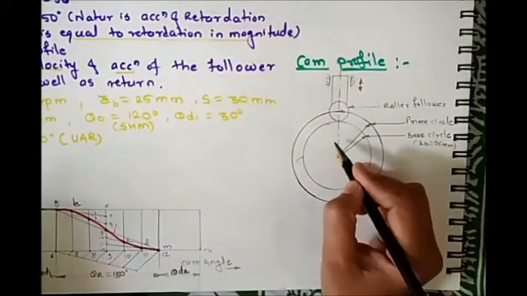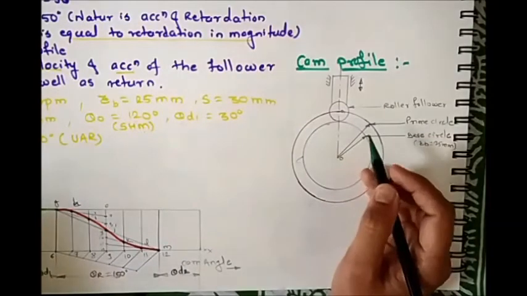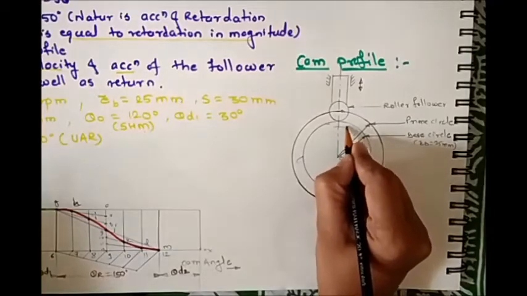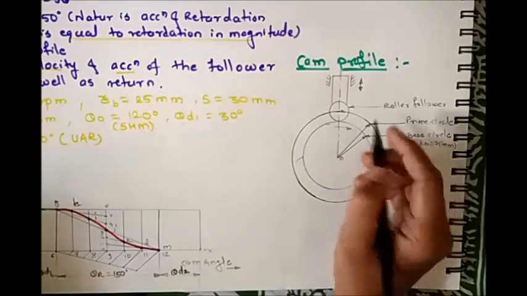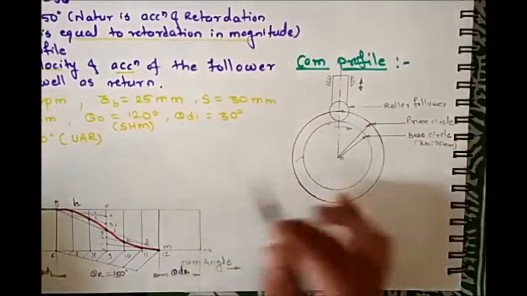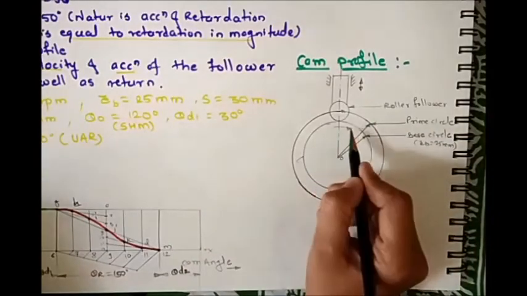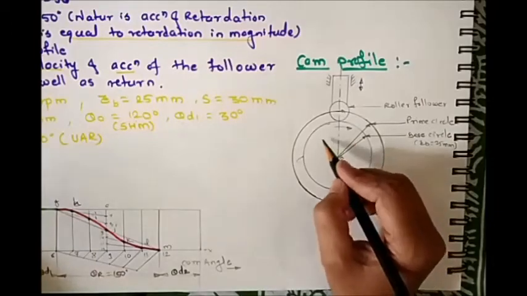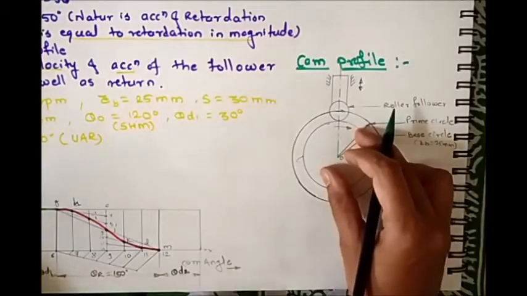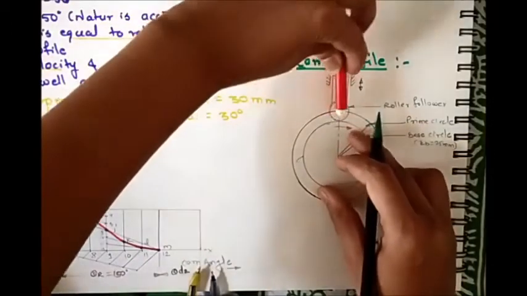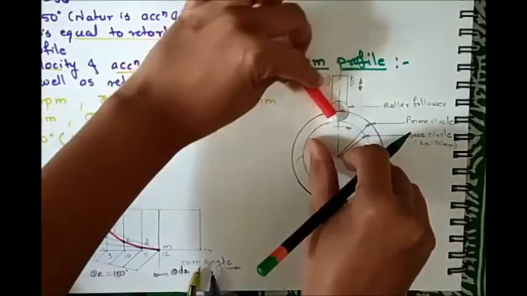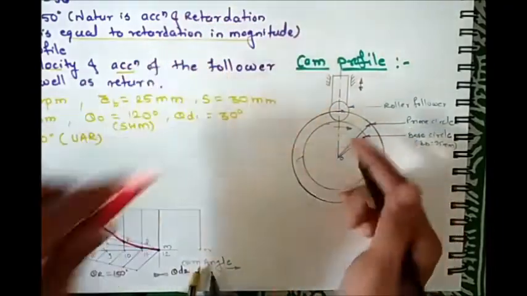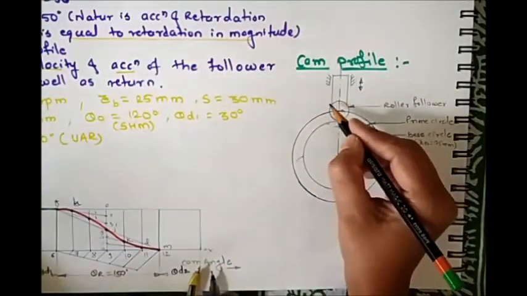Now take the outstroke angle of the cam. Here we are going to consider the cam rotated in the clockwise direction, because they didn't mention whether the cam rotates anti-clockwise or clockwise. In that case, or in general, we consider the cam rotated in the clockwise direction. So as the cam rotates in this direction, the follower moves over this side of the surface of the cam. So in that case, we are going to draw the displacement of the follower in this direction.